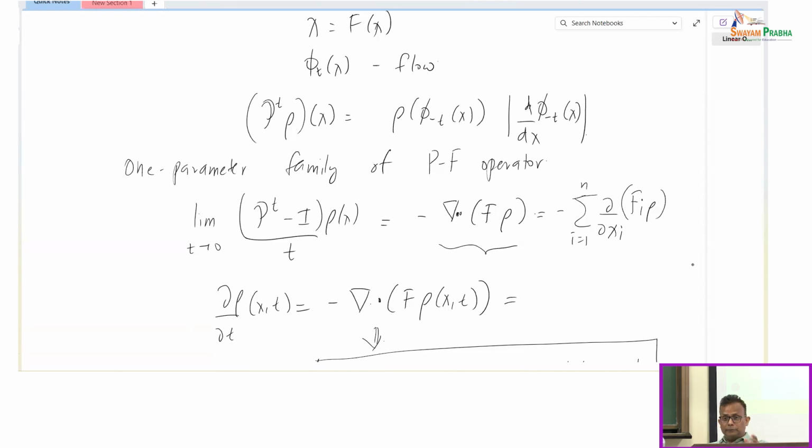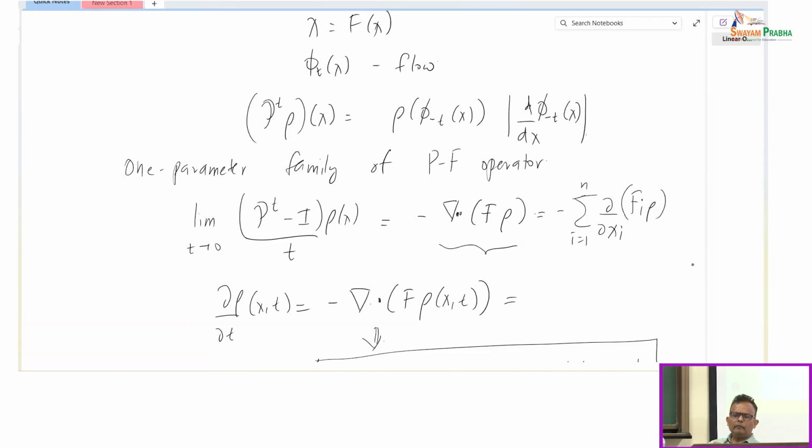There are other eigenfunctions because it's an infinite dimensional operator. It has other eigenfunctions with other eigenvalues, and those carry some other information, like if you have a system with limit cycles or bistable behavior and so on. So that other information is in the other part of the spectrum. But the most important one is the eigenfunction with eigenvalue 1, and that has tremendous application in dynamical systems.